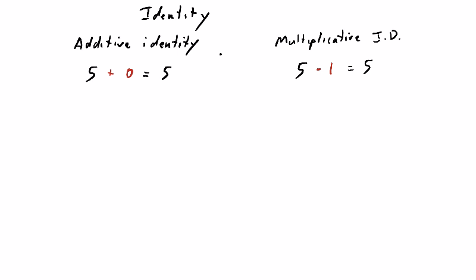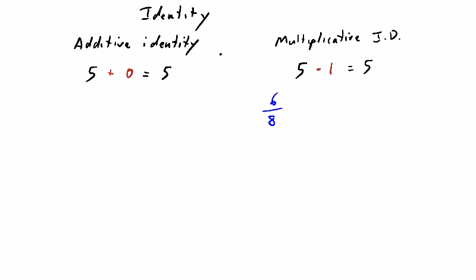Now, this seems fairly obvious, so you may wonder why this is useful. Let's first look at the multiplicative identity, because I think this one is simpler. If I have something like, let's say, 6 over 8. Well, technically, 1 is the multiplicative identity.